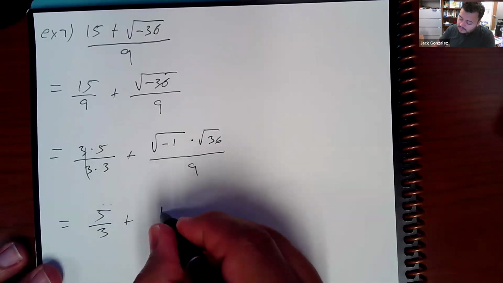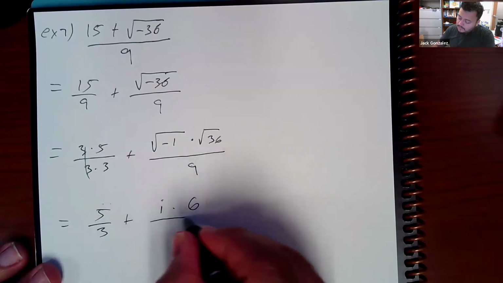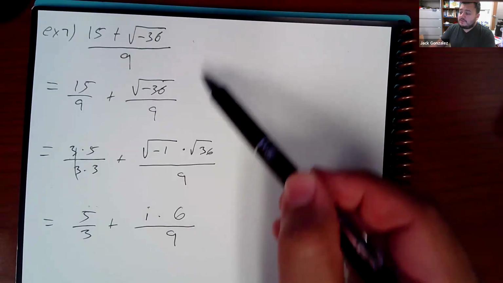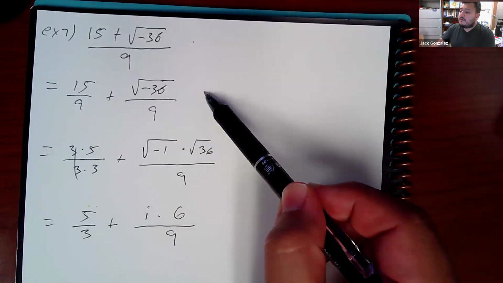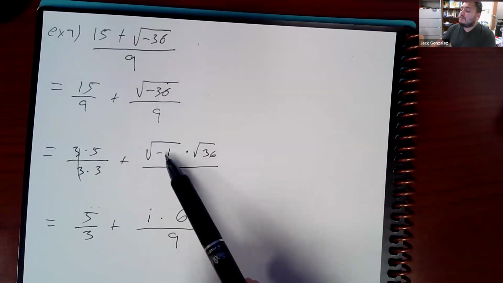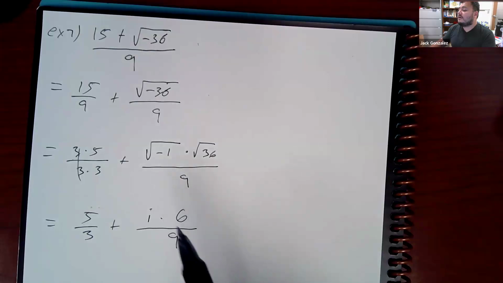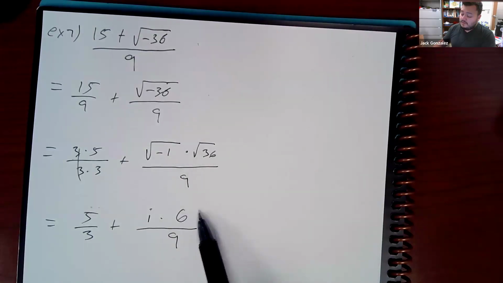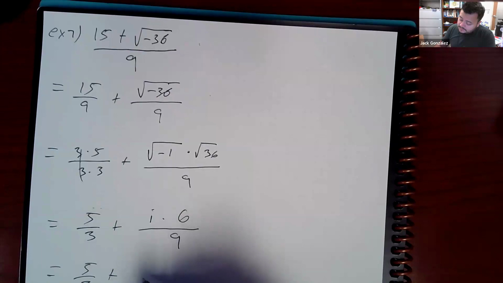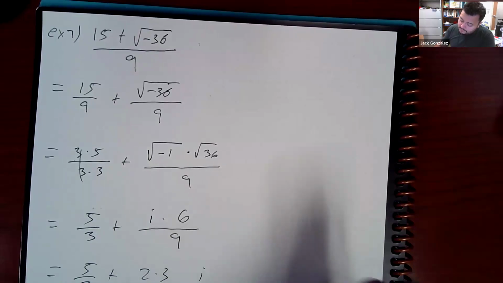This becomes an i times 6 over 9, right? So first step is separate into two fractions, reduce, and then deal with this negative. This becomes an i, this becomes a 6. Just bringing this down for the ride. Reduce this final piece here, and we're done. This is 2 times 3. I'm going to put the i over here. This is 3 times 3.